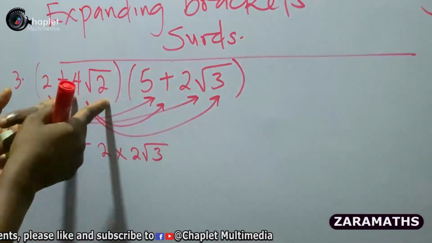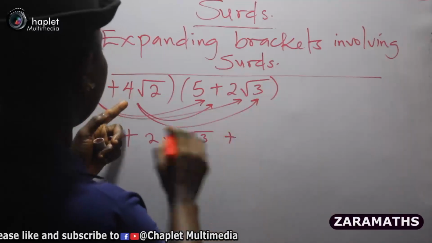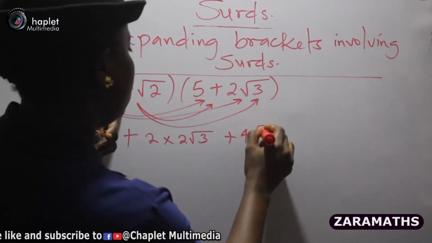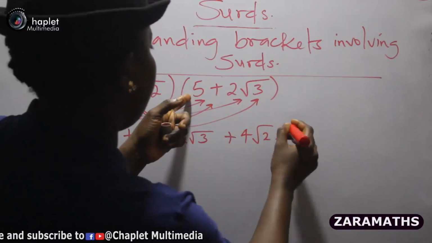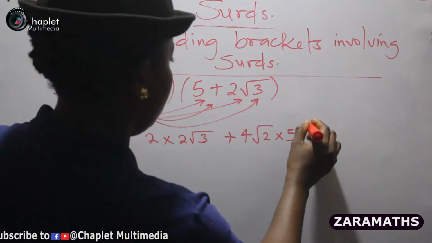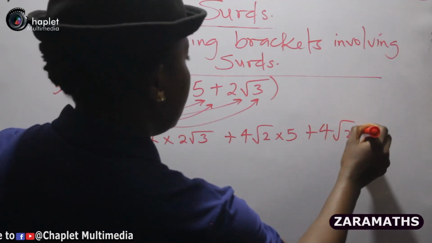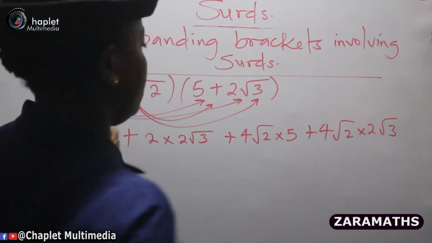You move to the next term. The signs are plus, 4 root 2 times 5. The sign here is plus, the sign here is plus, 4 root 2 times 2 root 3.